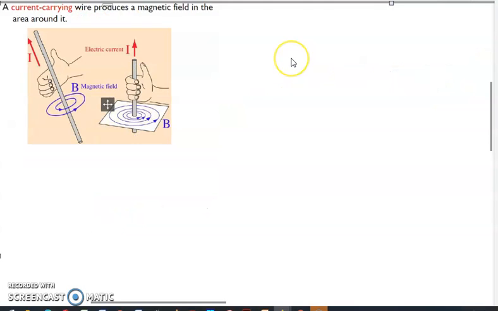Then when we go back to the previous slide, we can see that if we have a current carrying wire, let's say it moves to the top, there will be a flux generated around the wire. This follows the right hand grip, RHG.